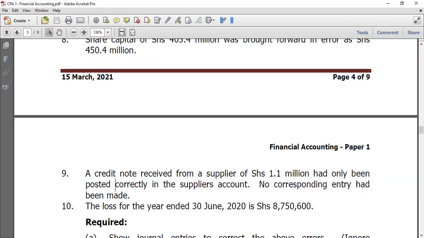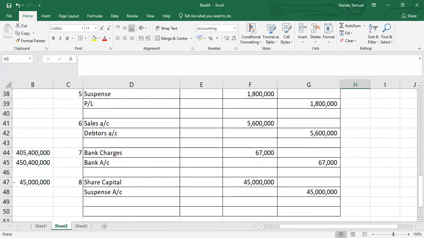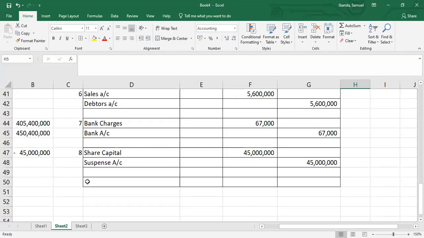The purchase returns. So what I'm going to basically do, since they did the right thing here, I will not touch this, just like the way we did for the bank account up there. I'll only come and post it in the right account, which is the return outwards. Like I said, it should be debited to the supplier's account and credited to the return outwards account. So I'll come here, number 7.